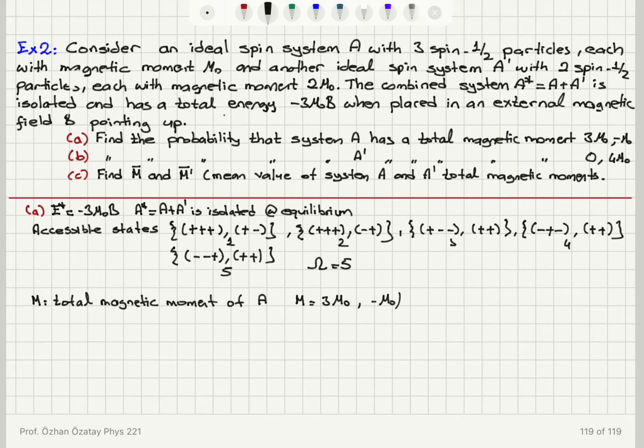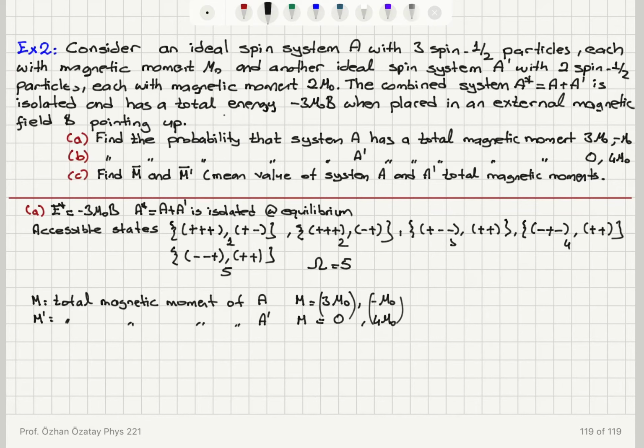There are two possibilities. And for M prime, the total magnetic moment of A prime, I have the corresponding value. It's either 0, so that 0 plus 3 adds up to 3, or 4 mu 0, so that 4 mu 0 minus mu 0 corresponds to 3 mu 0. So these are coupled, right? They have to be together in order to satisfy this restriction.